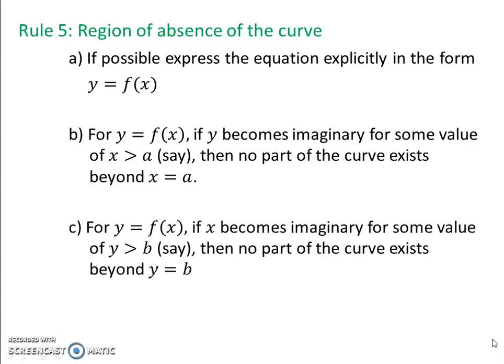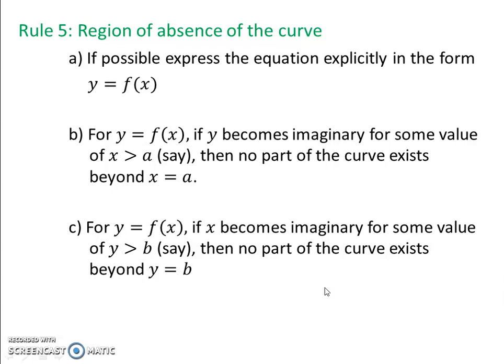Similarly, for y equal to f of x, if y becomes imaginary for some value of y less than b, a correction. Suppose here we consider x equal to f of y. If x becomes imaginary for some value of y greater than b, then no curve exists beyond y equal to b.